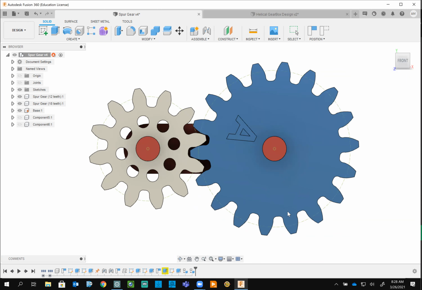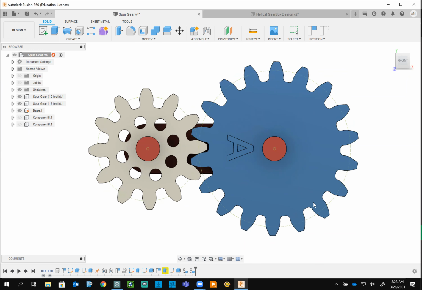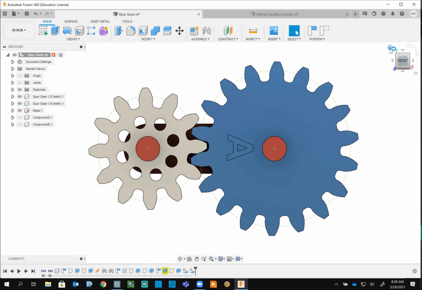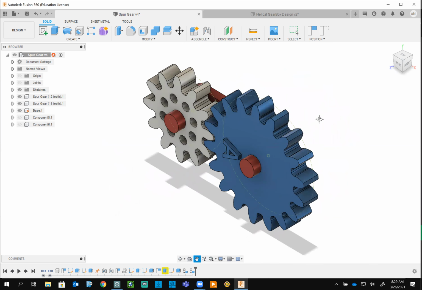So again, visualize always that when two gears are working, there are two circles working together. And this circle is again not the outside diameter circle, and it's not the inside diameter. It's like an imaginary circle, something between them.